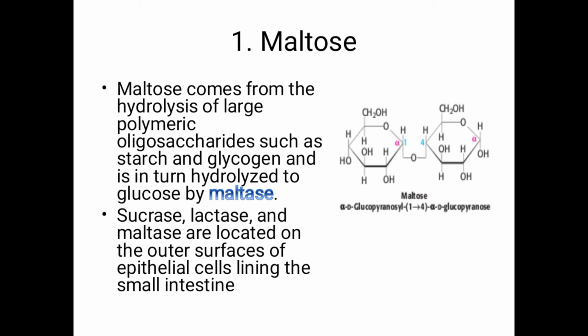Alpha means, if you see the position of carbon number 1, that is the anomeric carbon, and the CH2OH group of the fifth carbon, they are anti to each other, and therefore they are considered alpha isomers. And what does D mean? It is a member of the D series, because if you see the OH group in open chain form, it is on the right hand side.